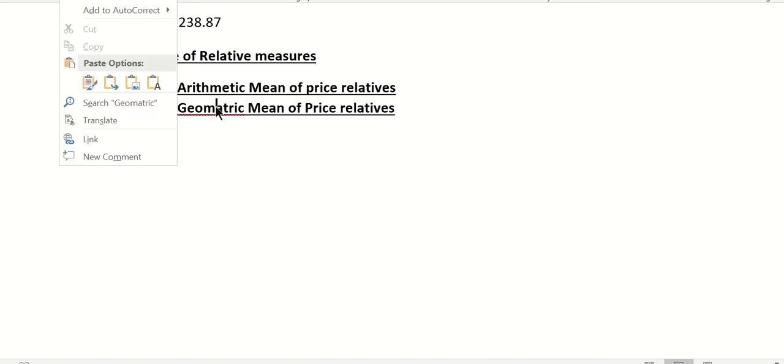And the second one is the weighted geometric mean of price relatives. So these are the two sets of formulas, and I will show you how to solve it with the help of an example, because there are no set formulas for this, but because we are using log tables, I will show you with an example how to do this. Okay, so please keep your log tables with you.